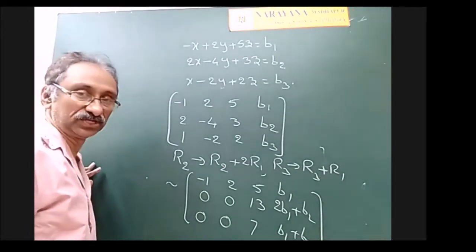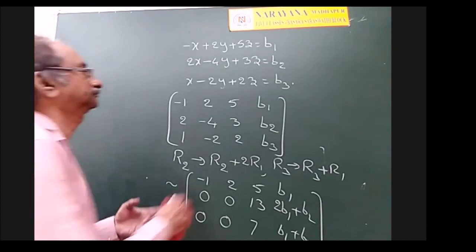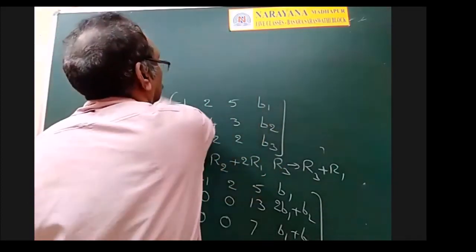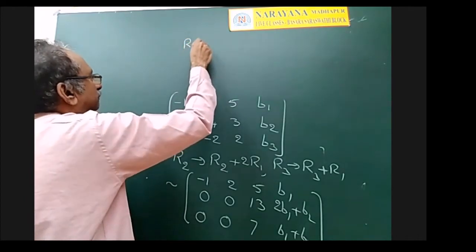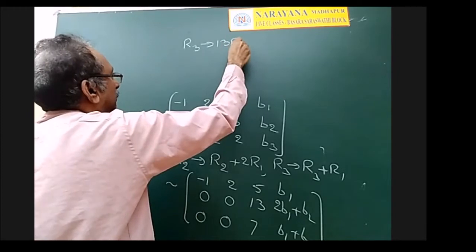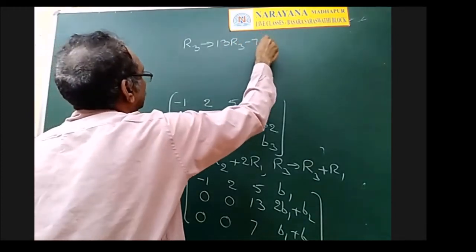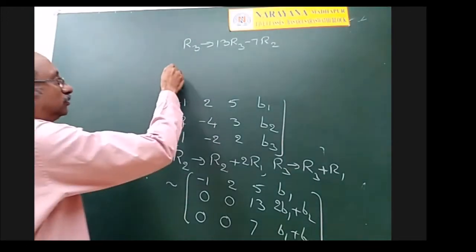So what is the operation I have to adopt? R3 implies 13 R3 minus 7 R2.